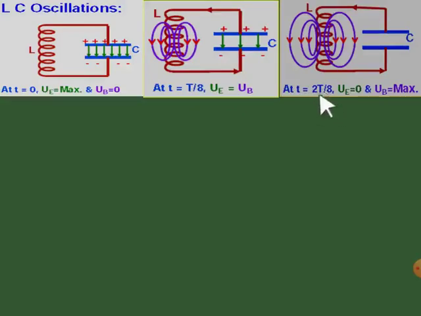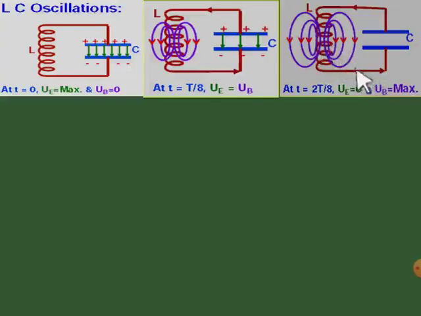At this 2T by 8, the electric field energy inside the capacitor will be totally discharged, so its field energy will be equal to 0. But the magnetic field energy will be maximum inside the inductor.